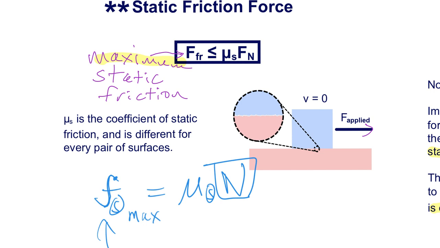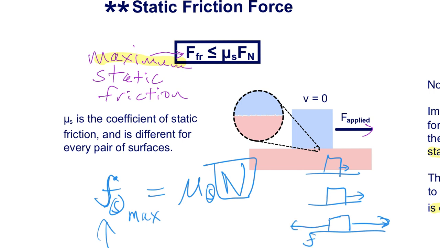So basically, if you push on something a little bit, it doesn't move. You push on it more, it doesn't move. You keep on increasing that until it budges, and the moment it starts to move, that applied force will be the maximum static friction.